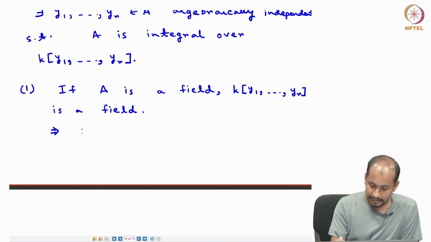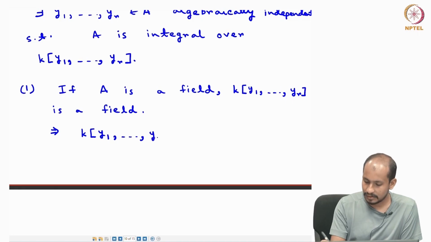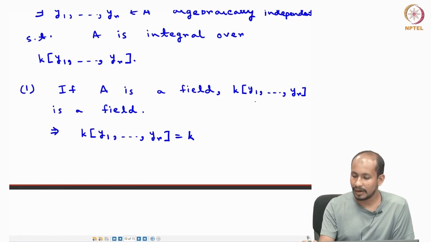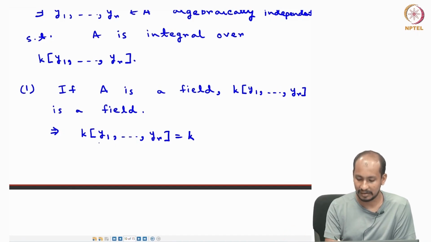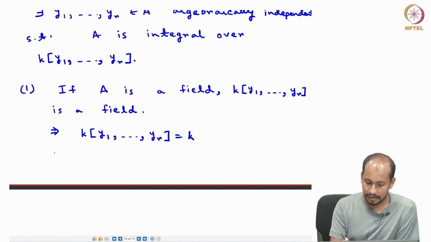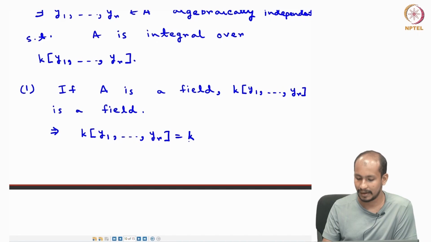Now this implies that this is equal to K, because a polynomial ring in r variables where r is strictly greater than 0 cannot be a field. So the only way it can be a field is if this K[y1, ..., yr] is equal to K, right.